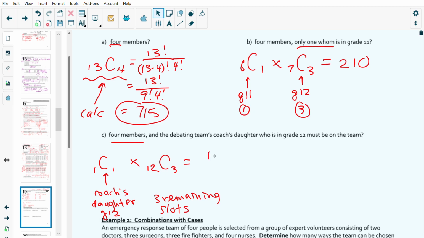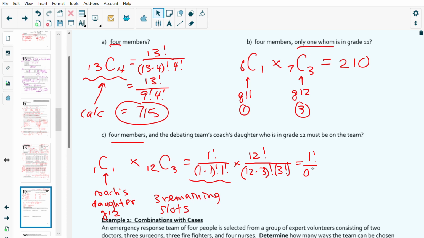This one, let's do it longhand here. A combination of one thing taken one at a time, so 1 factorial over (1 minus 1) factorial times 1 factorial, times 12 factorial over (12 minus 3) factorial times 3 factorial.